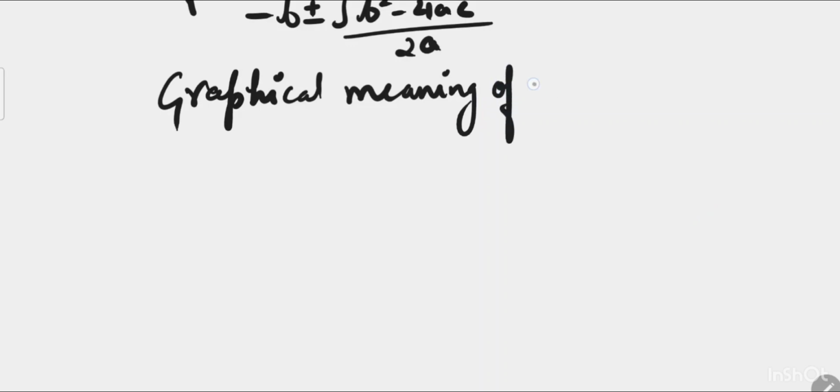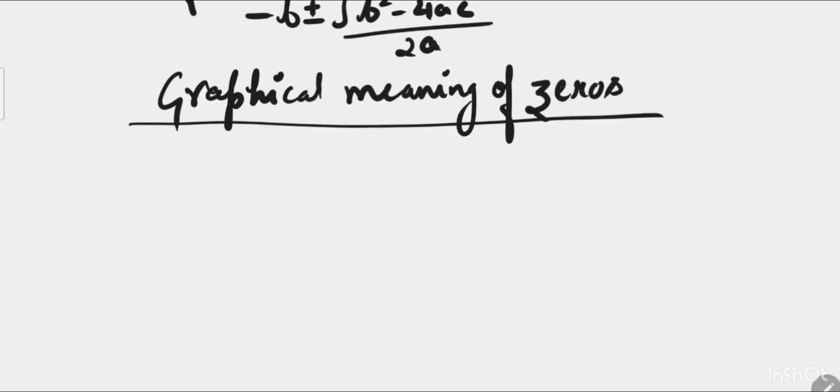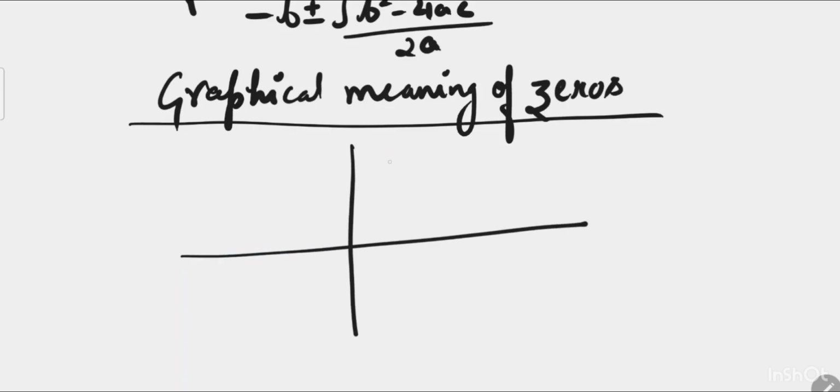Graphically, zeros are the x-intercepts, where the graph touches or cuts the x-axis.